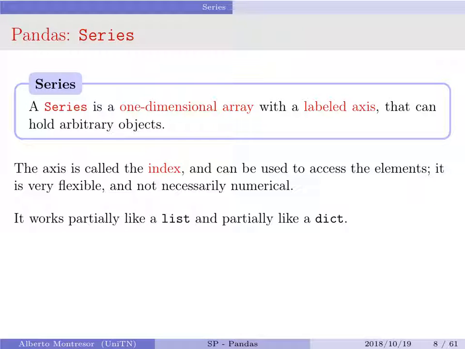The series is a one-dimensional array, which you can also see as a list. Actually, you can transform a list into a series, but you have a labeled axis, and they can hold arbitrary objects. Okay, the axis is called the index, and can be used to access the elements. Normally, it can be very simple, like a numerical index. So you have the first element, the second element, the third element, and so on.